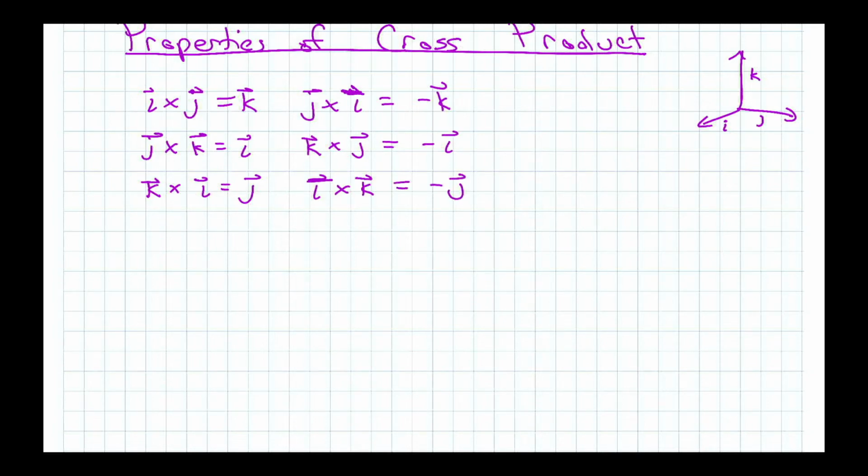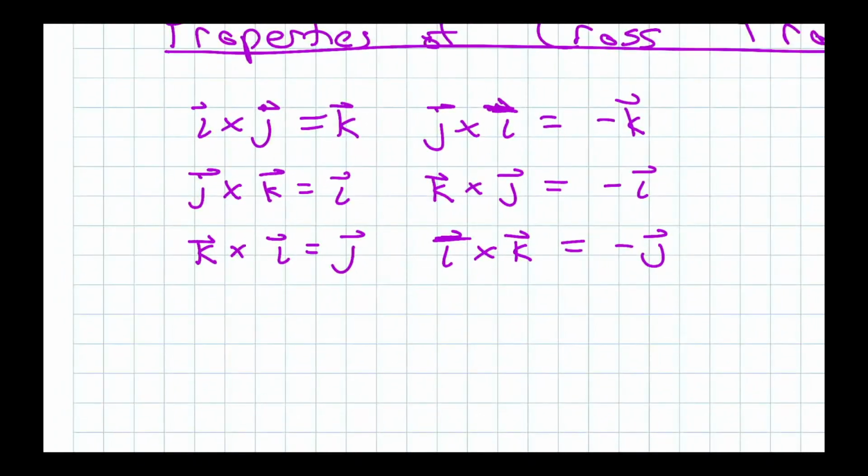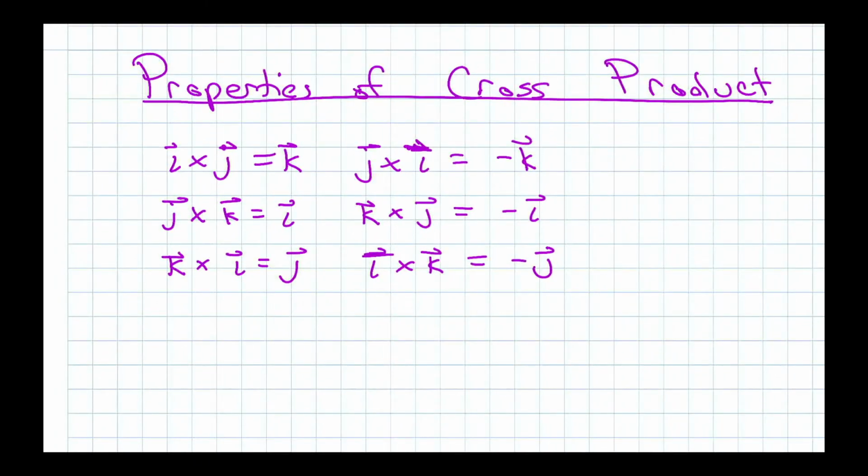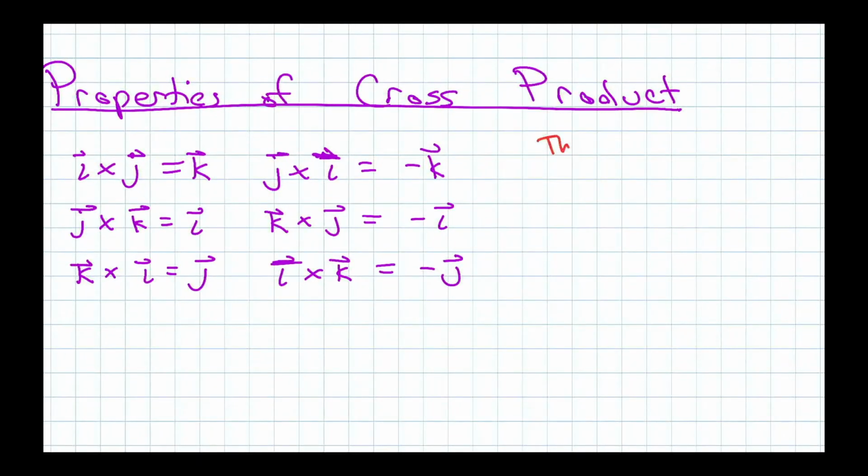Okay, and there is a pattern that probably you don't see because you didn't think about it. The letters I, J, K are in order if you write IJK, IJK, IJK.